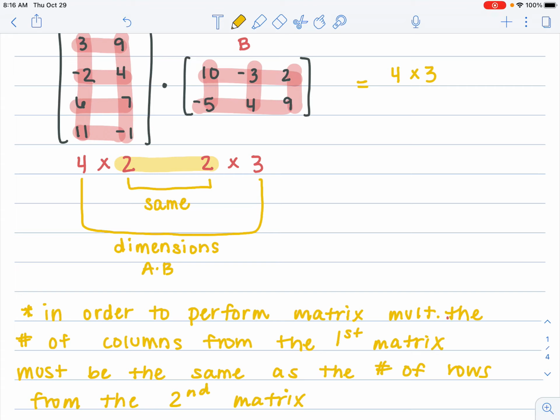If that is not true, then you say not possible or undefined. You cannot complete that multiplication.